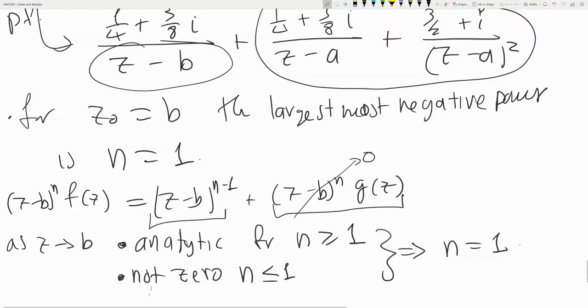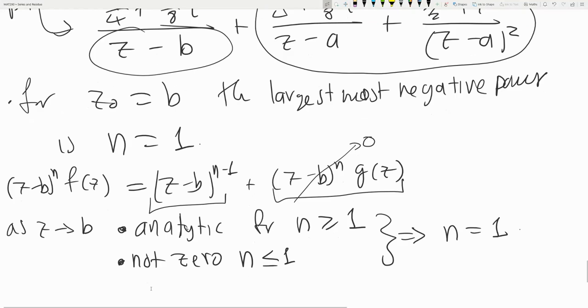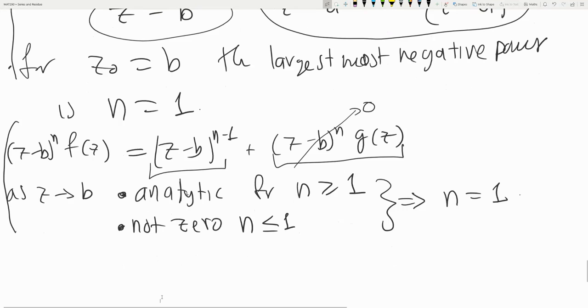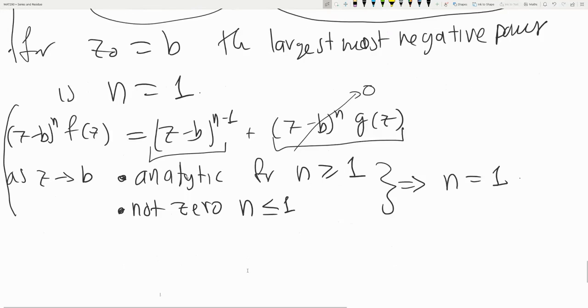But anyhow, whatever you find more comfortable, either you take limits or you just find the Laurent series and just look for the exponent. So up to you. Okay, good.